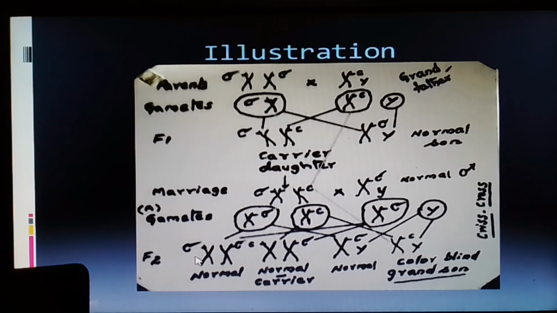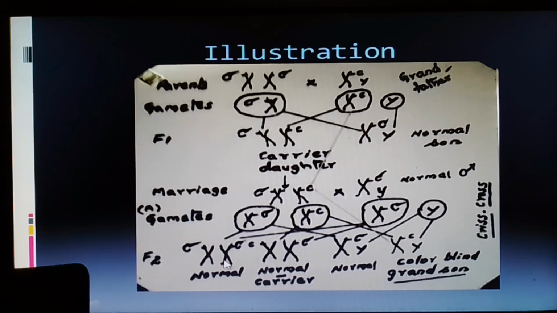And you see the individuals in the F2 generation, the second generation. Now, for the daughters, for this cross-exam illustration you can assume there are two daughters.